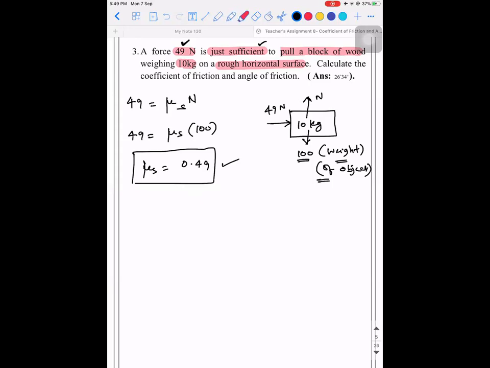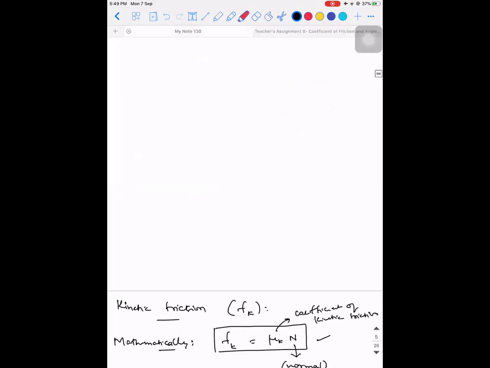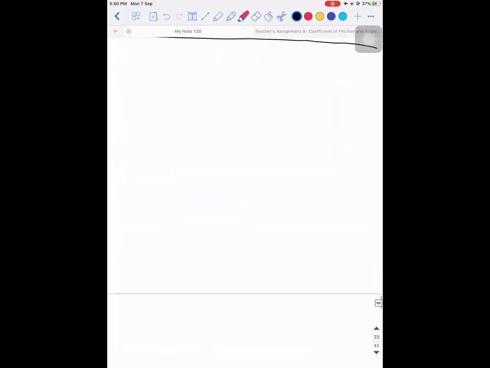So now I'll explain what is angle of friction, and there is something called angle of repose. Okay, so write down the next heading. It's called angle of repose.